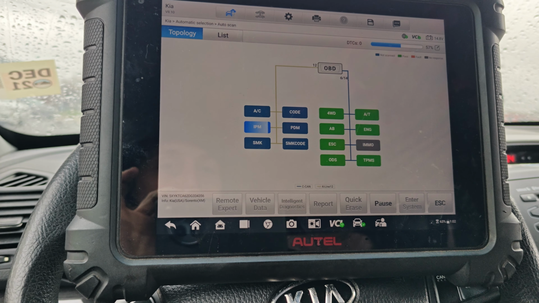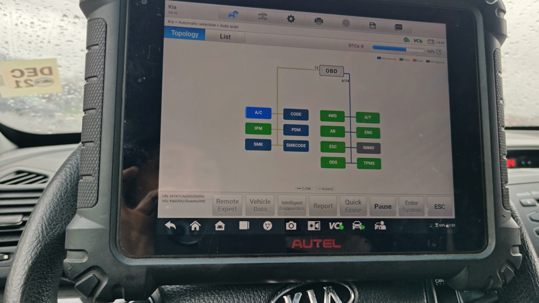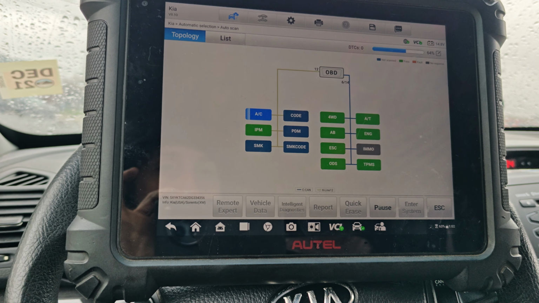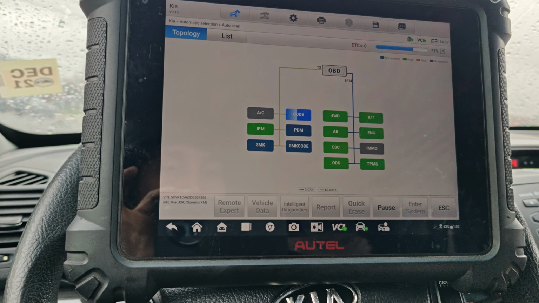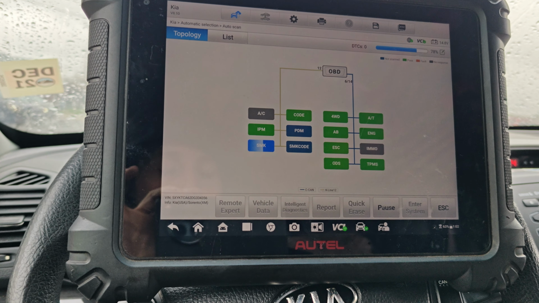There we go, scan it. No codes in the engine. Look at that.